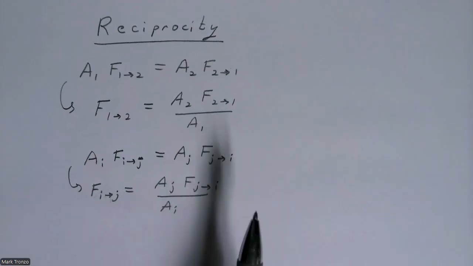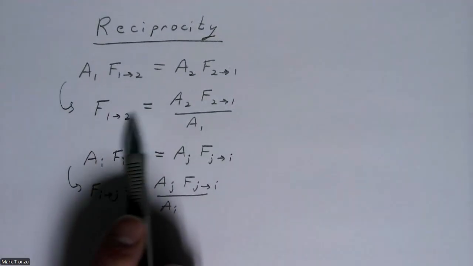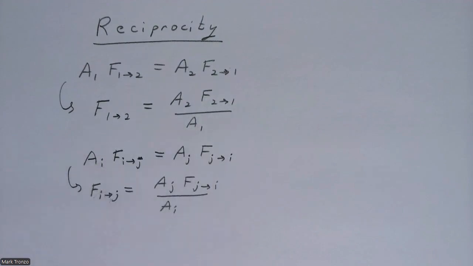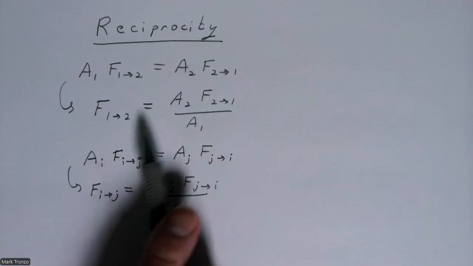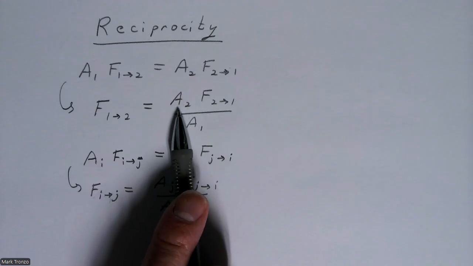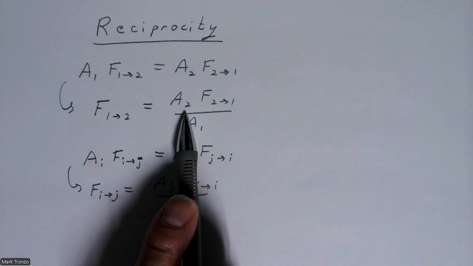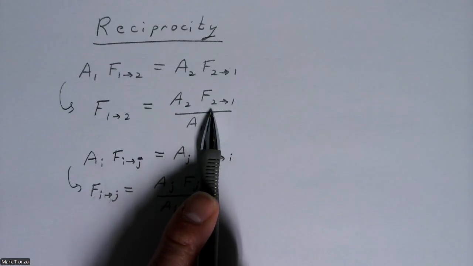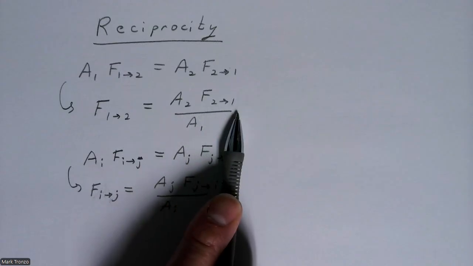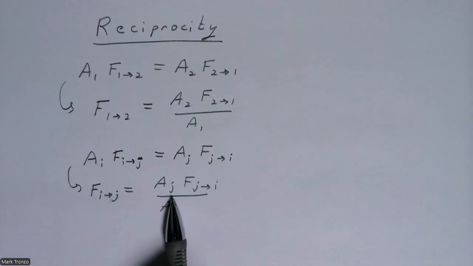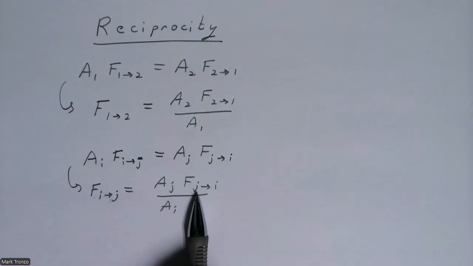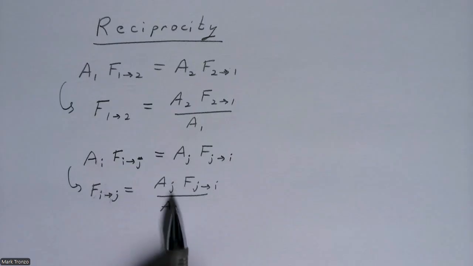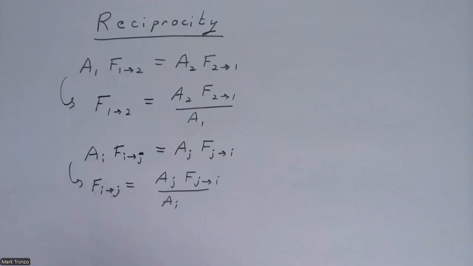Of course, always remember when you're solving for the view factors, when you're using the reciprocity relation, the area will always be multiplied again by the first number. So the area 2 will be times F2 to 1. Or down here, area J will be with F J to I. In other words, these will always match the first number. Again, you can use this anytime.